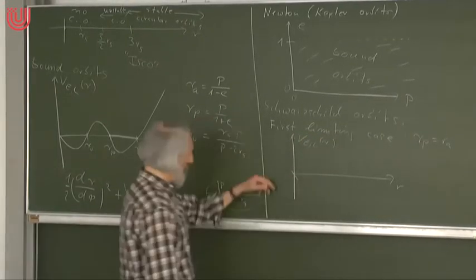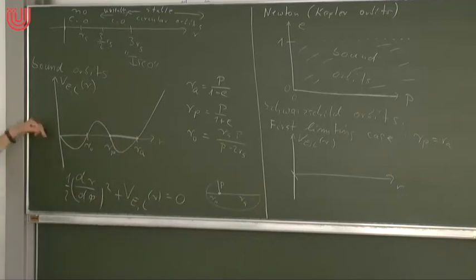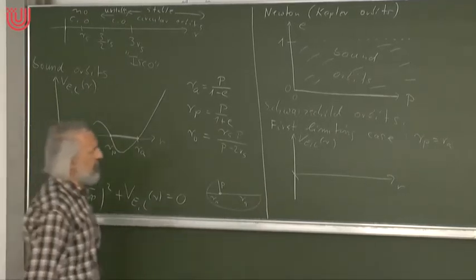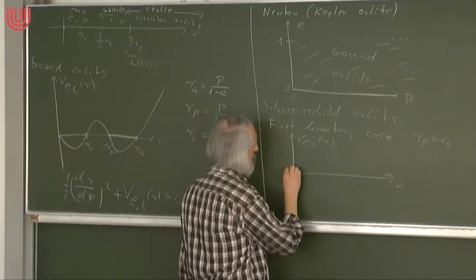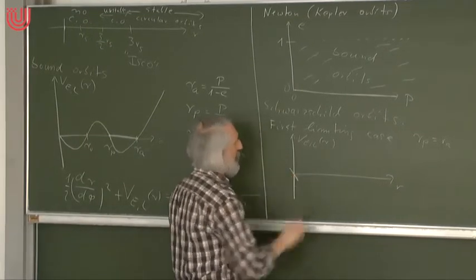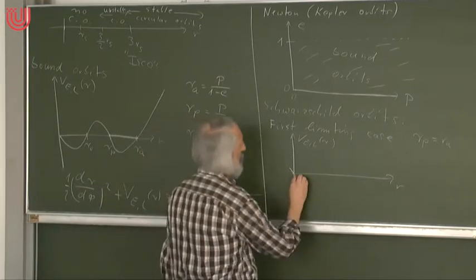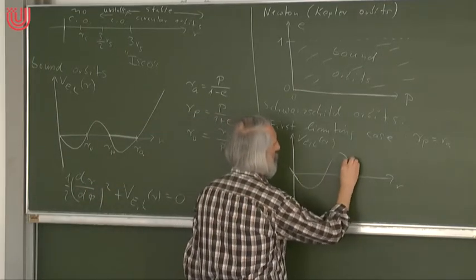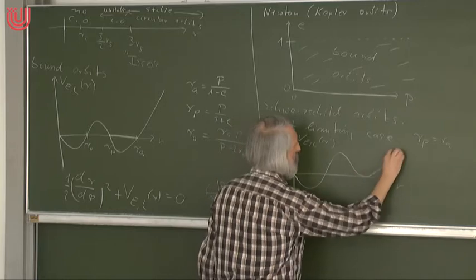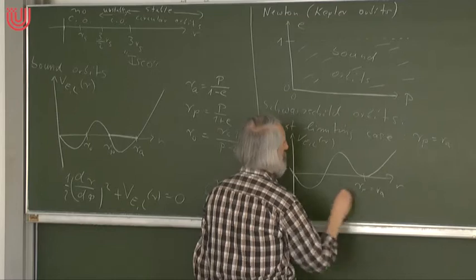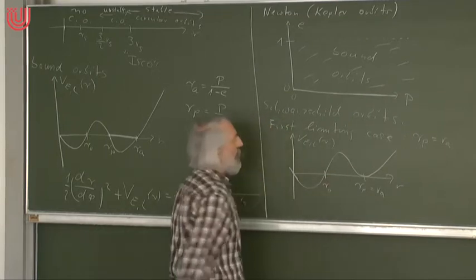So it always comes out of zero with a tangent which is pointing downwards, because the derivative of the potential at zero was minus Rs or something like that. And then it goes up. And now we have this limiting case where it just touches the axis. So here we have Rp equal Ra, and here we have R0.